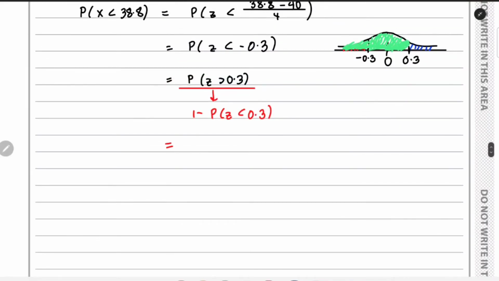We can find this using the table. We'll get 1 minus 0.6179 equals 0.3821, and this is what we had to show.